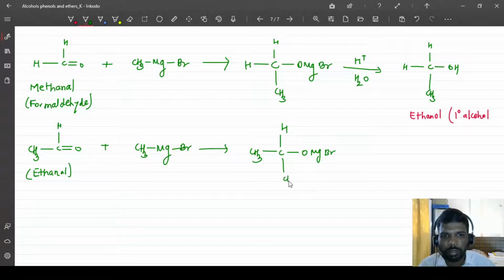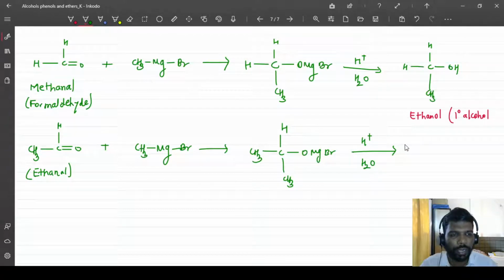Further, these two groups remain intact and this will change to OMgBr plus methyl. So after doing the hydrolysis, what we get is CH3CH(OH)CH3. A byproduct is also there, but this is the main product.